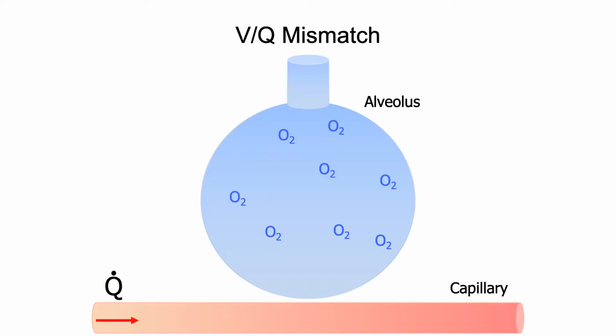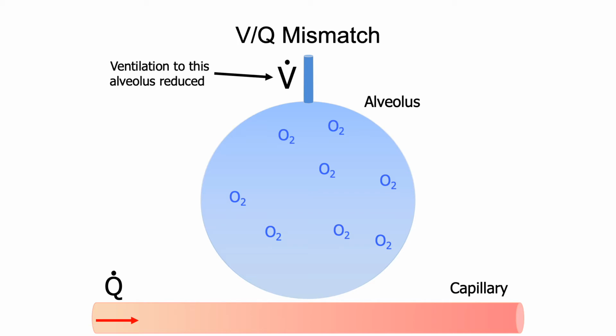In this image, we are using a very skinny airway connected to the alveolus to represent that ventilation to this alveolus has been reduced. As a result of reduced ventilation, the PO2 in the alveolus is now very low.